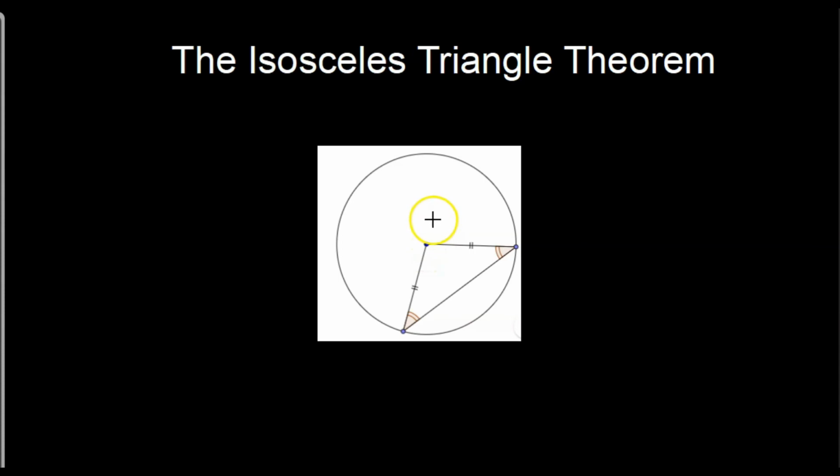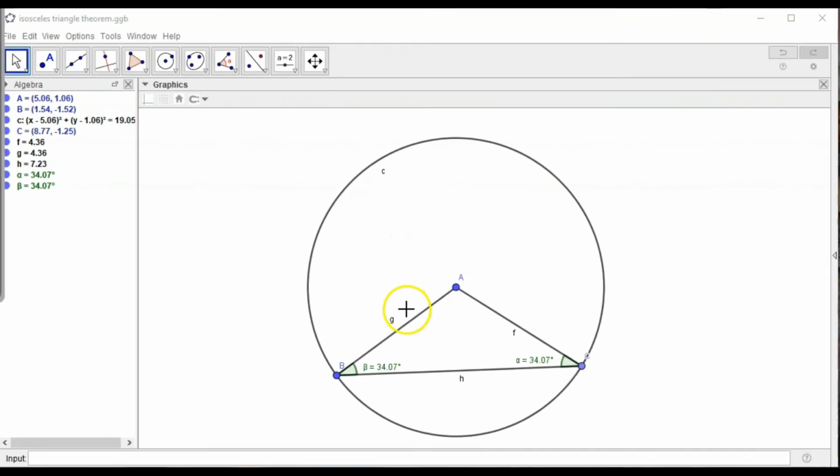Let's verify that with GeoGebra. With GeoGebra, you realize that I have my center of the circle as A. The points B and C are points on the circumference of the circle. I've joined A to B with a straight line, and then A to C with another line. Now, the chord BC connecting A forms a triangle, and it gives me a perfect isosceles triangle here.